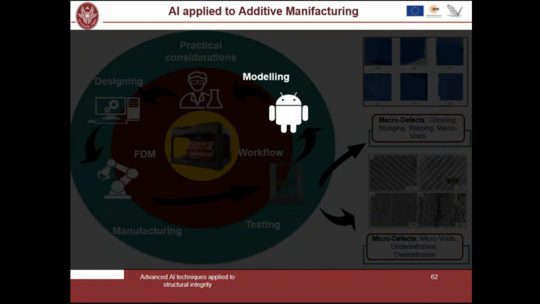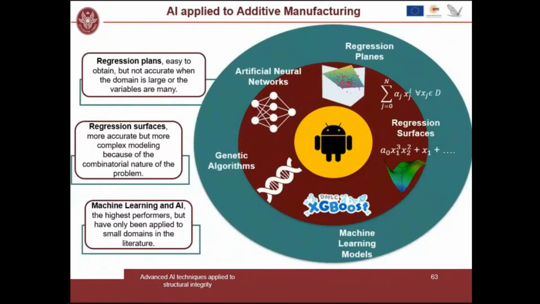So the problem here is the modeling solution, because the model is the weak link of all of that. Past processes tried to apply something like regression planes. They are not really planes, they're much more hyperplanes, but basically they try to treat each print parameter as an independent parameter. So without correlation, without interaction between parameters, and of course they don't work.